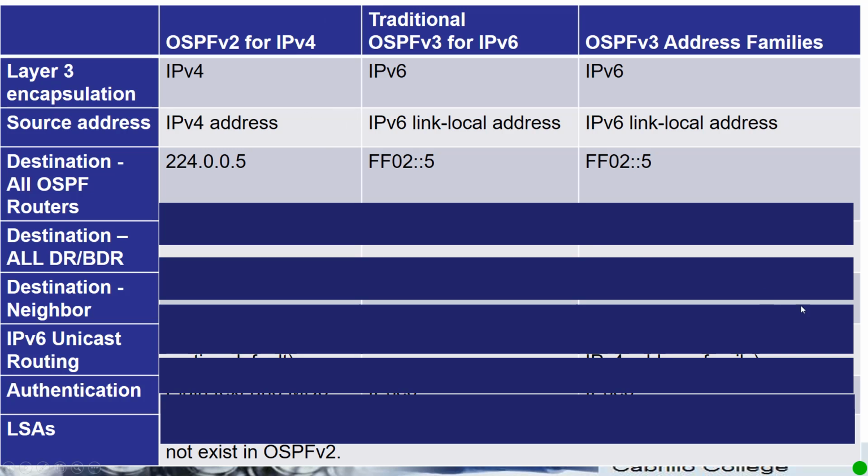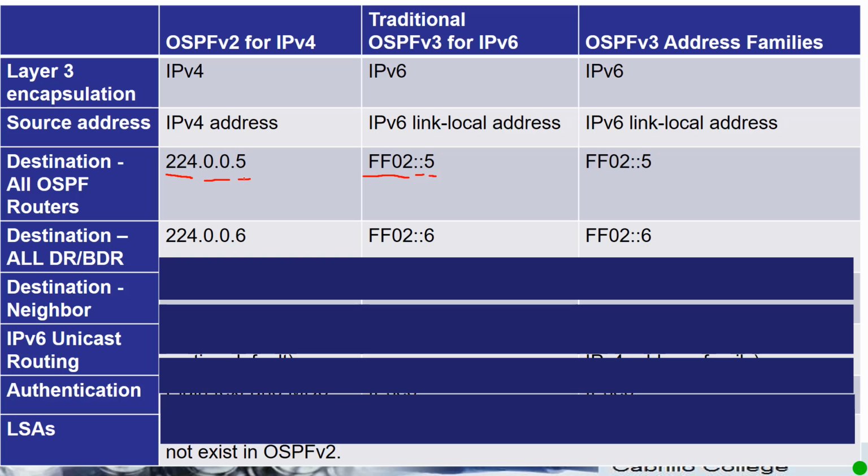I say the word multicast because this is a specialized multicast address. So you're going to notice they're very similar. If we're talking about the destination of all of our designated routers and backup designated routers, again, multicast 224.0.0.6.